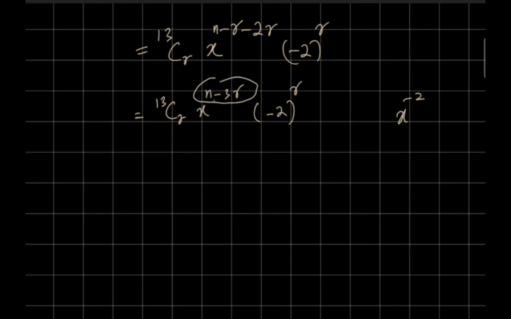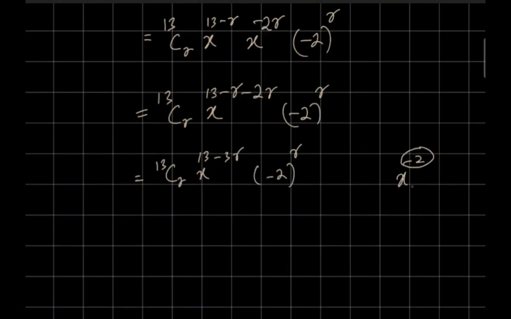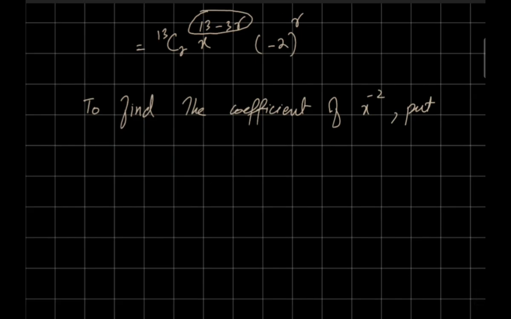Sorry, here we have 13 minus 3r, not n minus r, because we had replaced n by 13. In order to find the term with x to the negative 2, we have to put minus 2 equal to 13 minus 3r.